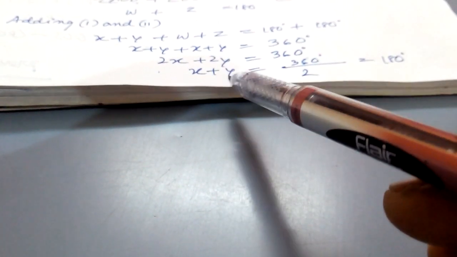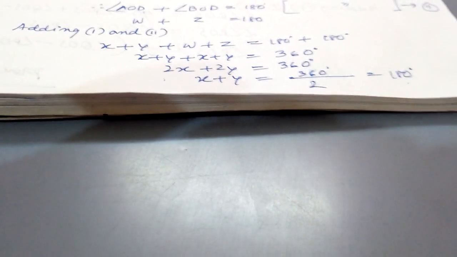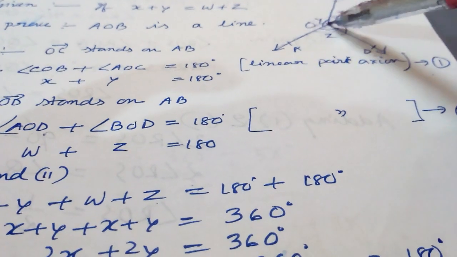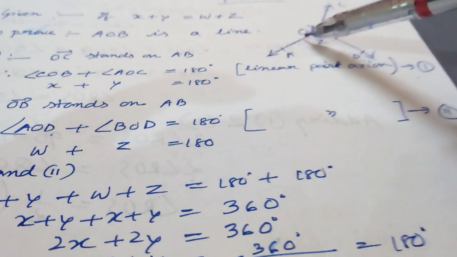2x, x plus x is 2x, y plus y is 2y, is equal to 360 degree. Dividing both sides by 2, x plus y is equal to 180 degree, we get. Since we proved that x plus y is equal to 180 degree, therefore AOC plus BOC is equal to 180 degree.